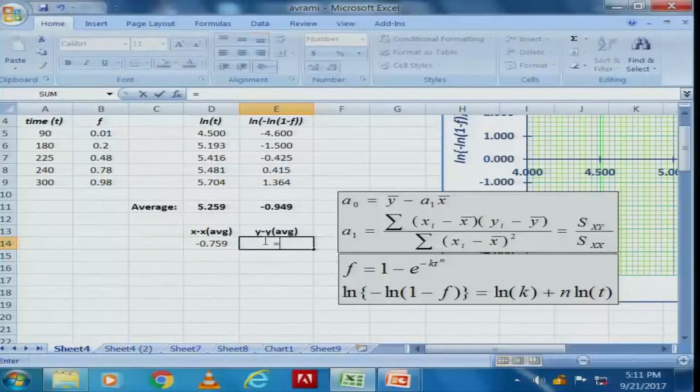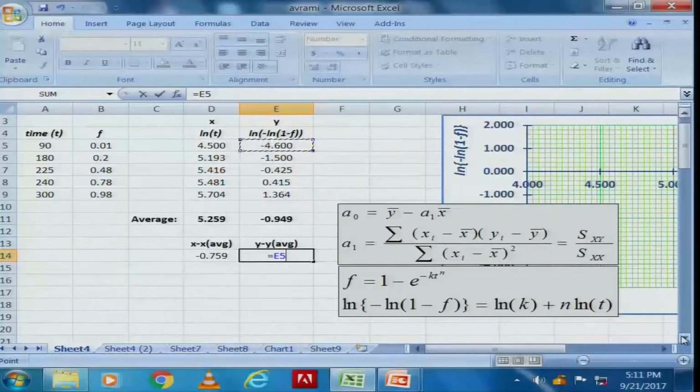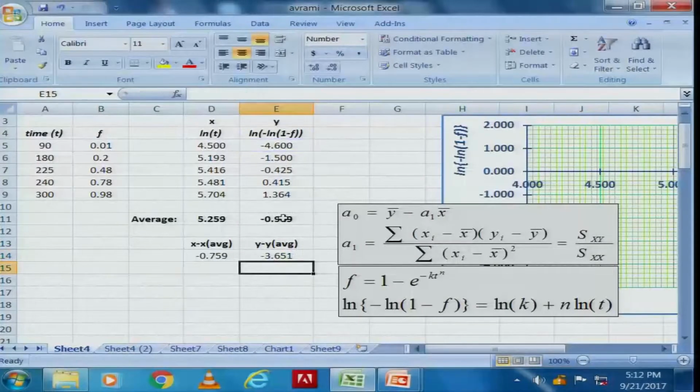The corresponding y minus y average value would be the first y value, which is E5, minus the average of all the y's, anchor it, and this gives me the first pair.